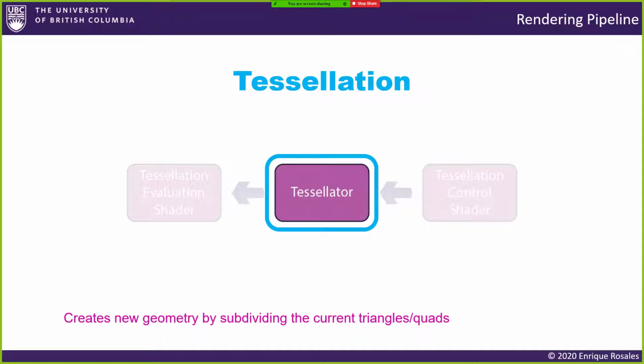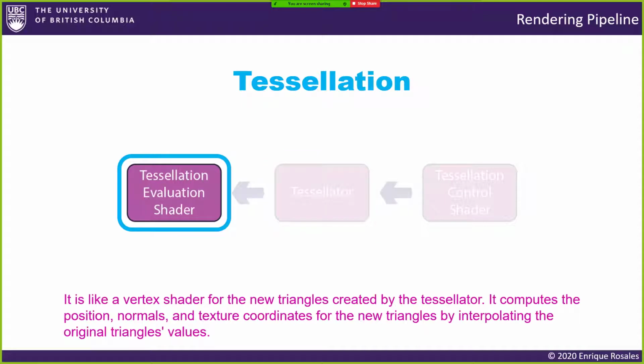The next part is the actual tessellator, the one that creates new geometry by subdividing the current triangles or quads. And the final stage is the tessellation evaluation shader. It is basically very similar to a vertex shader, like a vertex shader but for those new vertices that were created in the tessellator, okay?